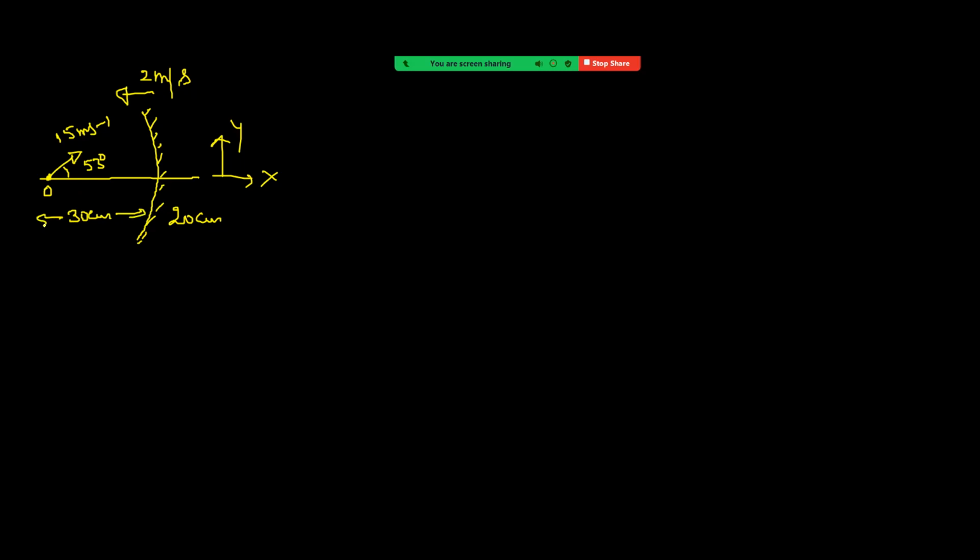Now at this instant, we have to find the velocity of image with respect to mirror, and next, the velocity of image with respect to ground. This is the given data. Let us see how to start it.